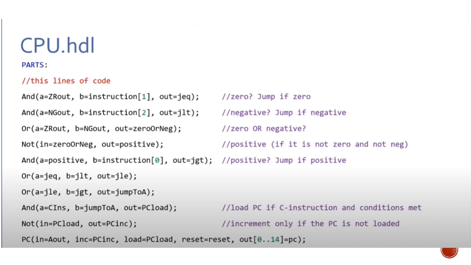Therefore, the PC will be loaded with the value that will ask the CPU to jump to a specified instruction if the instruction is a C instruction and conditions are fulfilled. However, the PC is incremented by default if the PC is not loaded. And finally, this is how the CPU and its HDL code works.